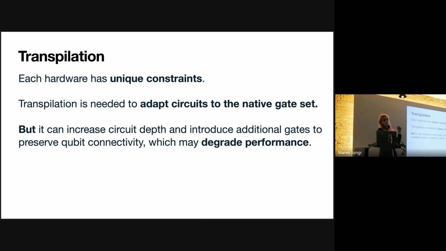This process will usually make your circuit much deeper, or in normal language, more complicated. It will introduce additional gates, and it will most likely degrade the performance, because adding more gates will make your algorithm more noisy, more susceptible to errors.